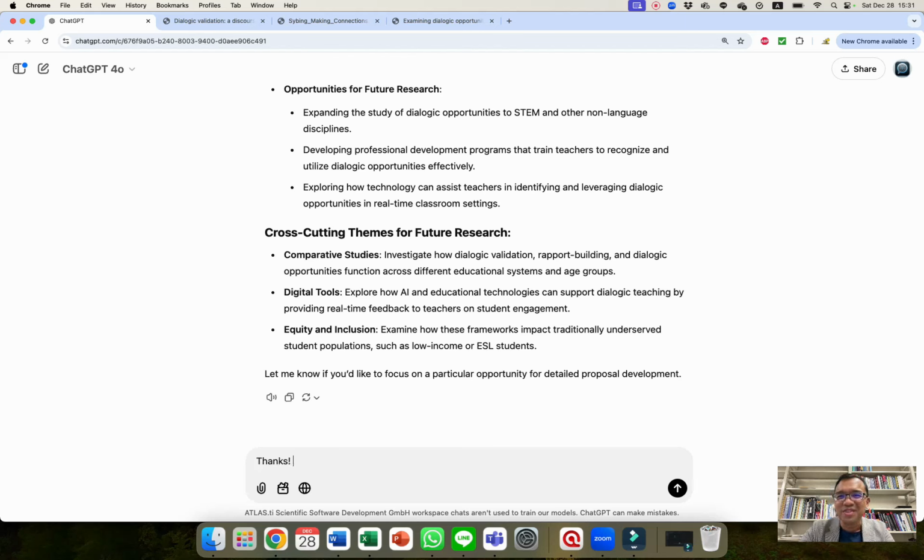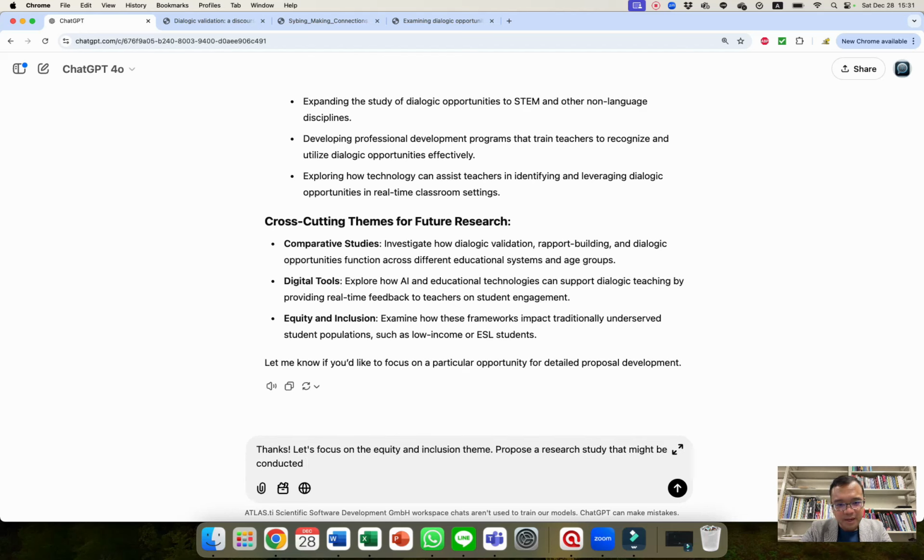I always want to say thanks at the beginning of a ChatGPT prompt to follow up. Let's focus on the equity and inclusion theme. Let's see. I'll propose a research study that might be conducted in a university or college context.